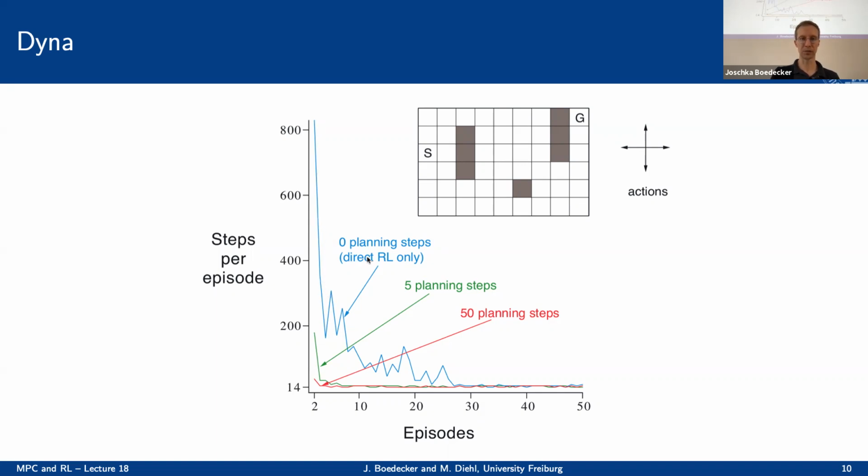And you see in the blue curve, this is 0 planning steps, 0 simulation steps in between with the model. So it's just model-free RL, as we had discussed before. So this is then just Q learning, basically. And with 5 planning steps, you get to the green curve down here. And if you interleave 50 planning steps, 50 updates with your model, you get much faster to a good solution in this simple example. So this can make quite a big difference, using this model.